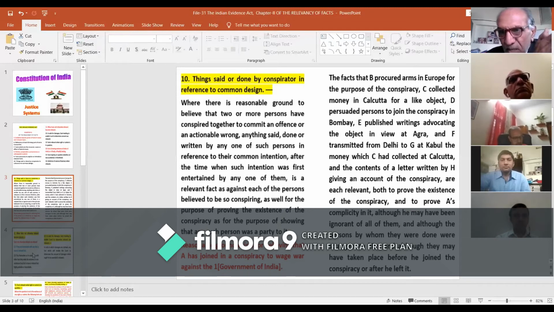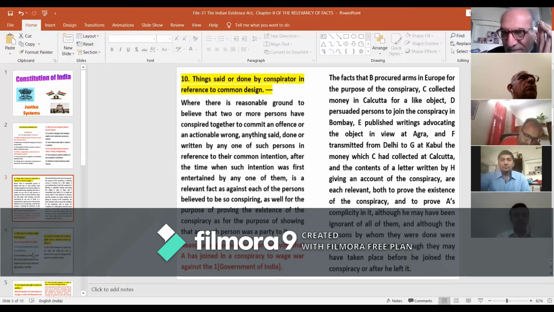So see, when there is a reasonable ground to believe that a particular person is a conspirator, and after the hatching of the conspiracy, the referred act or writing is in furtherance of the common intention.